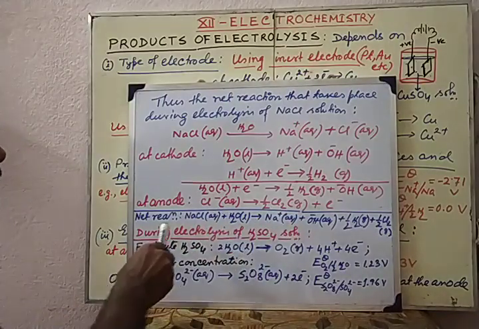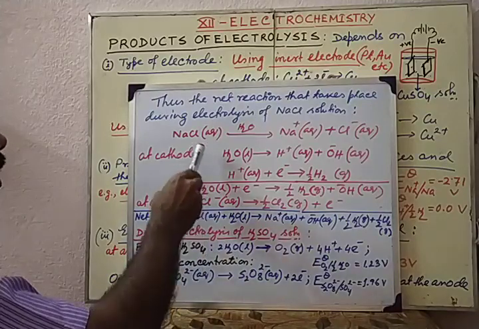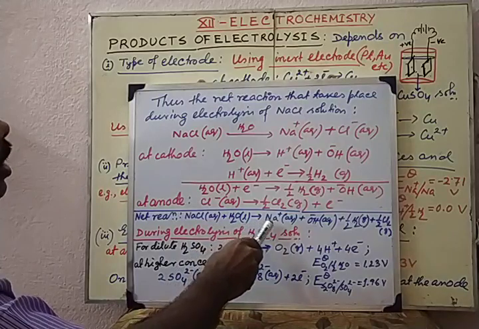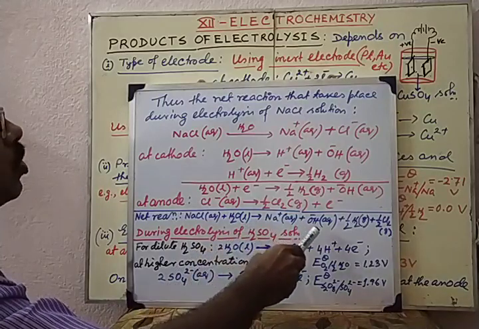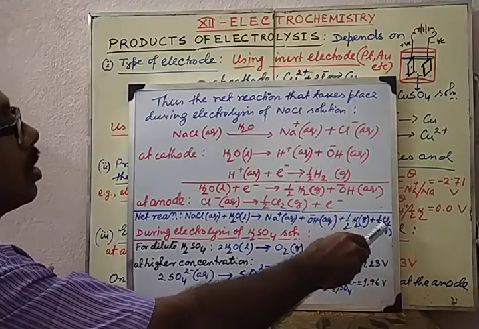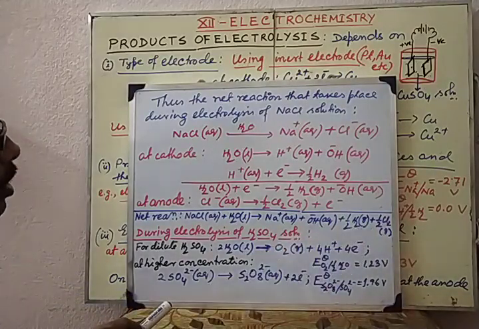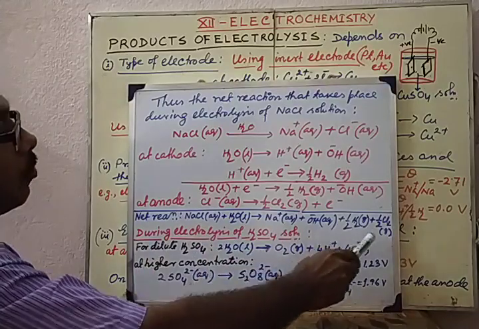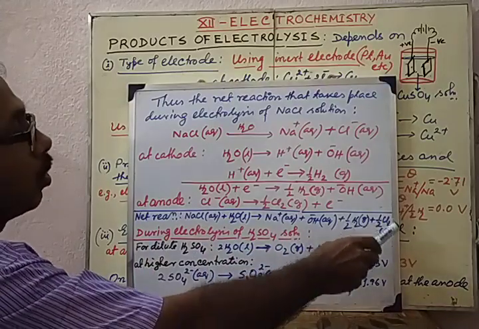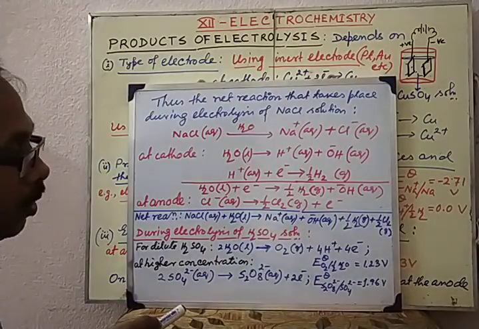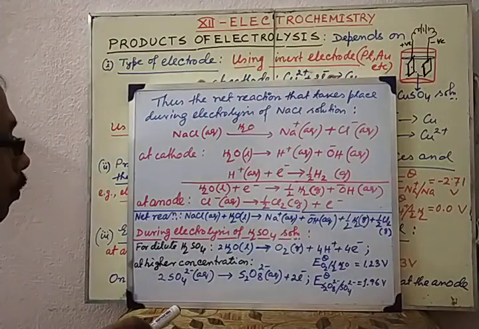The overall reaction is NaCl plus water giving Na plus, OH minus, plus hydrogen plus Cl2. That means during electrolysis of NaCl, three products are formed: hydrogen at the cathode, chlorine at the anode, and in the solution NaOH is formed.